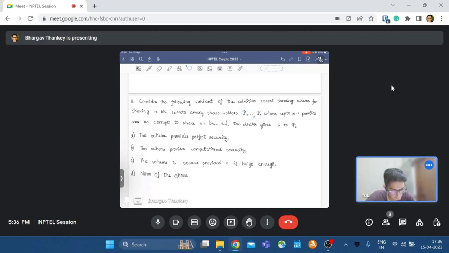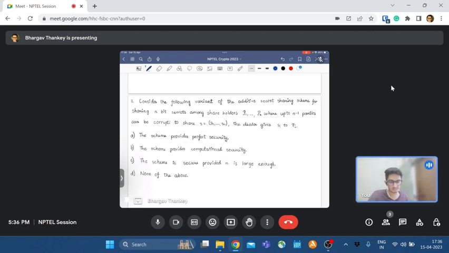Now consider the following variant of the additive secret sharing scheme for sharing n-bit secrets among shareholders P1 to Pn, where up to n minus 1 parties can be corrupt.